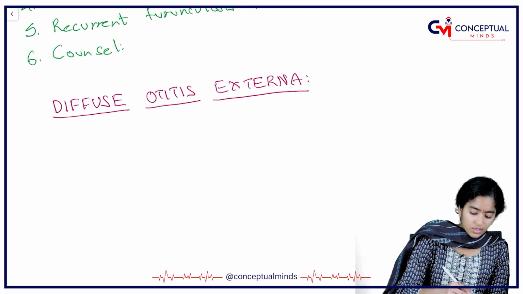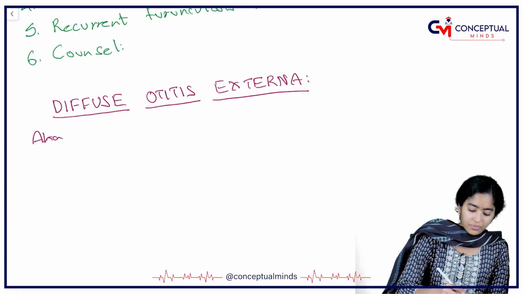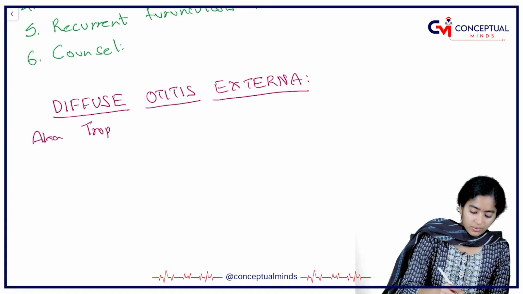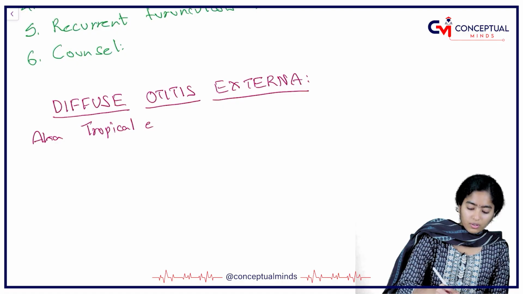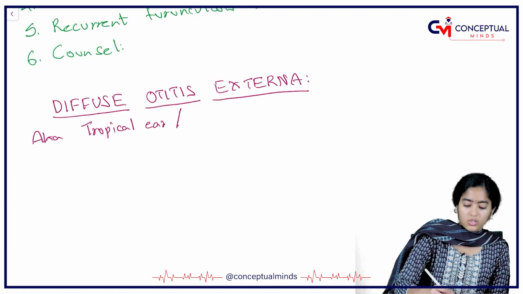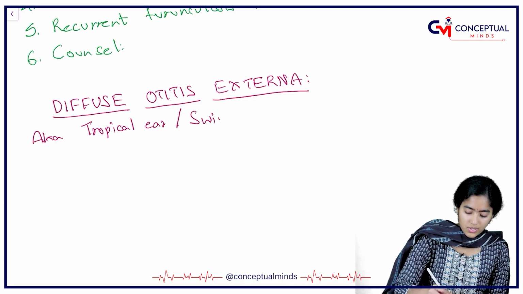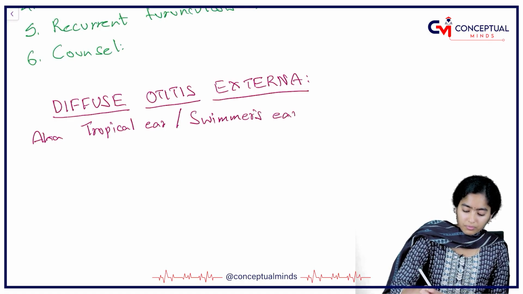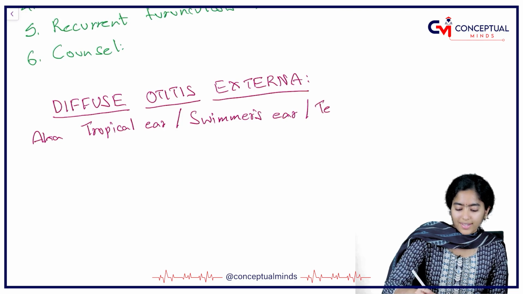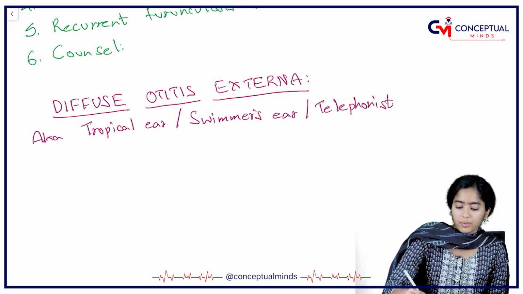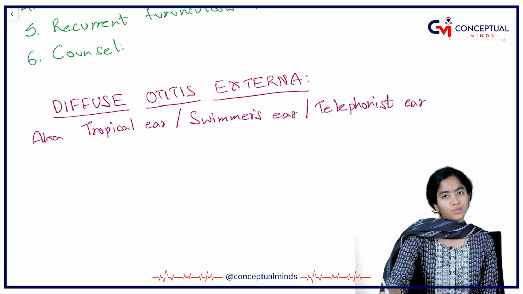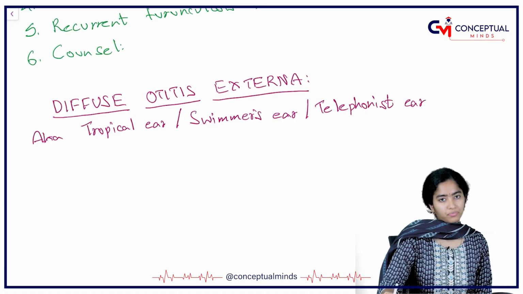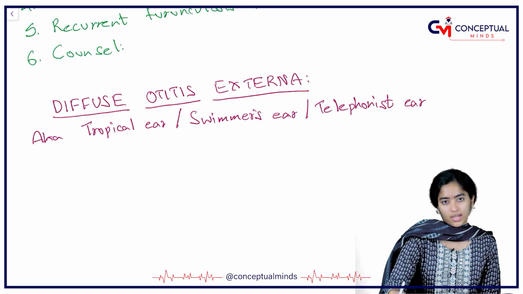Diffuse otitis externa is also known as tropical ear, also known as swimmer's ear, also known as telephonist ear. All of them mean the same, diffuse otitis externa. So what is diffuse otitis externa?